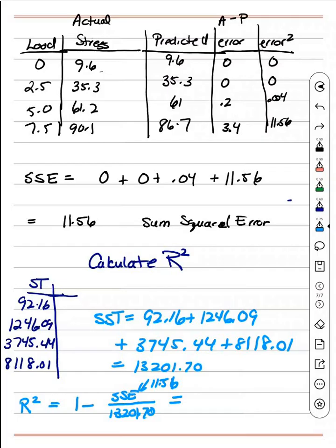Plus 0.4, so this should be 11.6, not 11.56. Hopefully you caught that in the other video.